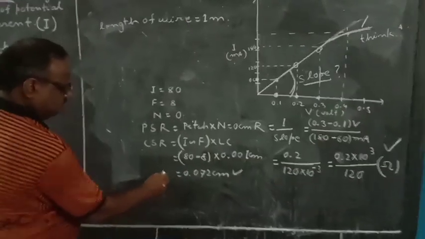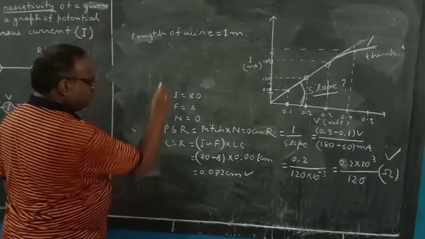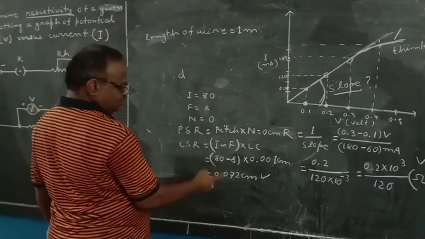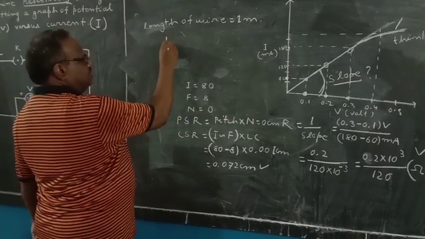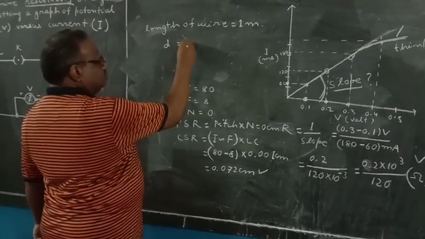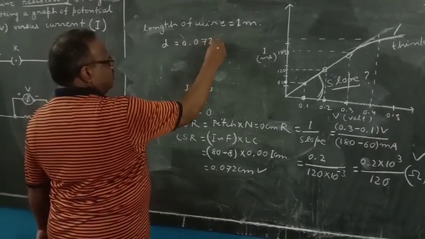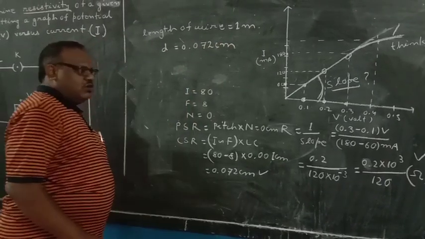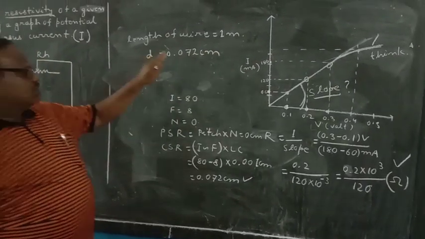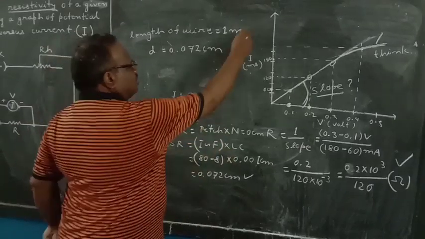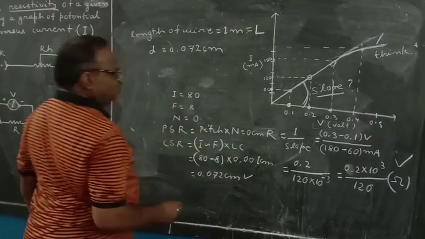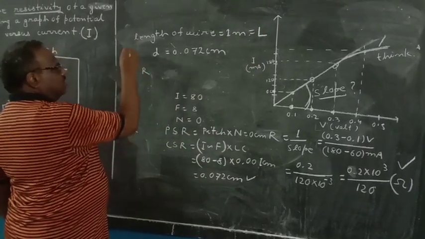So the diameter D, that is PSR plus CSR, equals 0.072 cm. Now you have got the diameter and you have got the length L, so you put them in the formula in the calculation part.